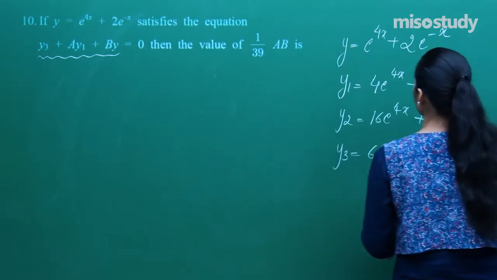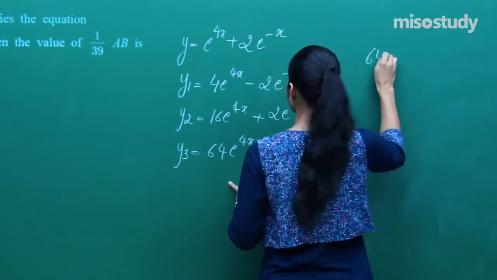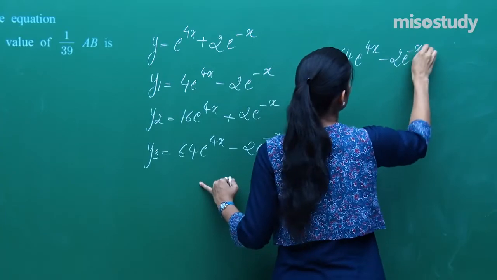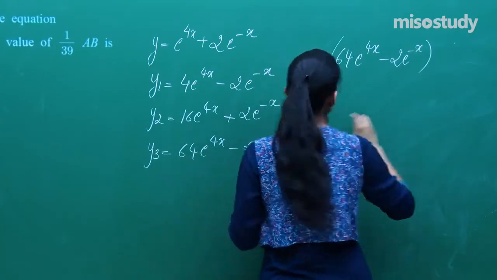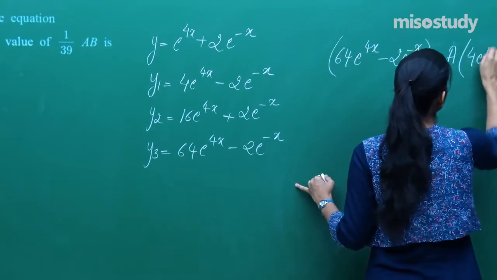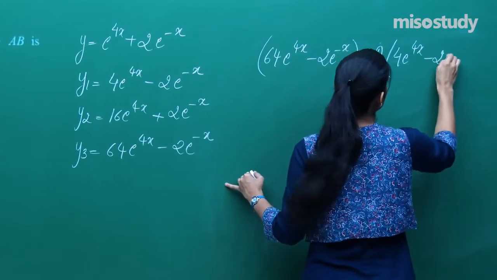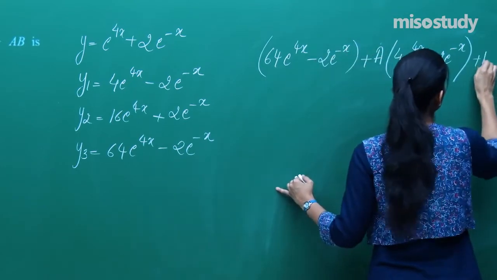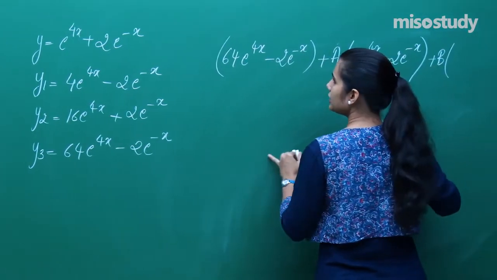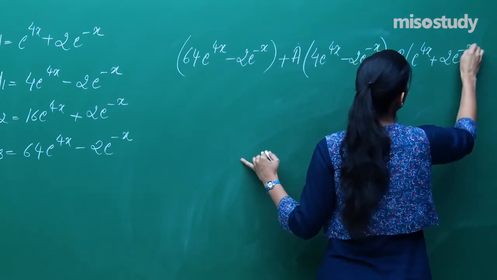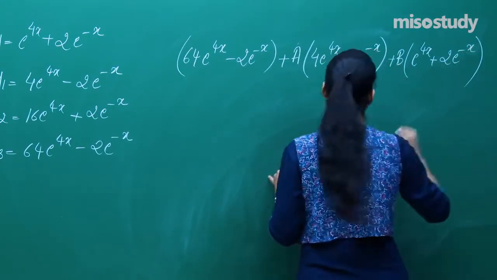Substitute it in this, first it is requiring y3. So 64 e to the power 4x minus 2 e to the power minus x, this is y3, plus a times y1. y1 is 4 e to the power 4x minus 2 e to the power minus x, plus b times y. So plus b, y is e to the power 4x plus 2 e to the power minus x equals 0.